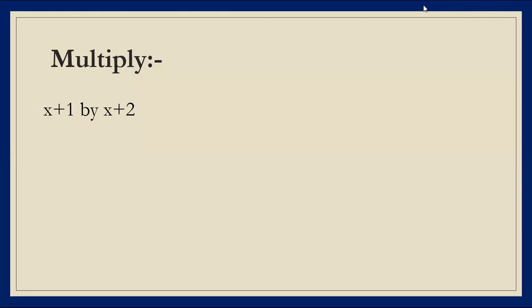I was asking about the step number 1. First, we have to multiply x with the whole term and then 1 with the whole term. Hania is saying the first term is going to be multiplied with the second bracket. Very good, Hania. And the second term 1 with the second bracket. So the students have already solved the question. Yes, Aisha, absolutely right.